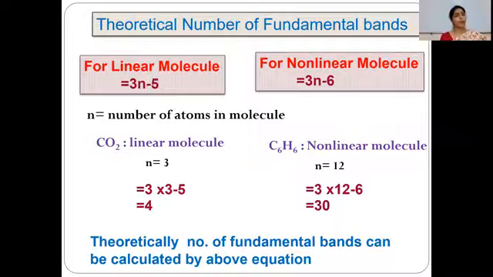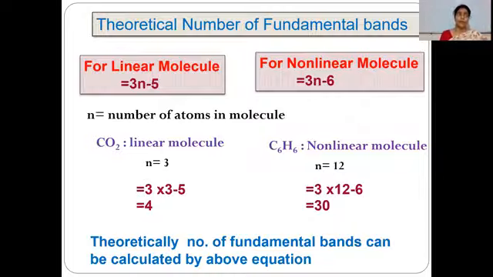In case of polyatomic molecule, atoms are connected by different bonds, and every bond can undergo all types of vibration: symmetric, antisymmetric, bending, in-plane bending, and out-of-plane bending. All the vibrations may be possible in the single bond that connects the two atoms.